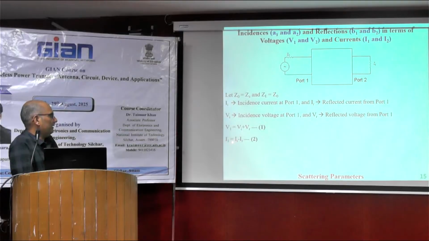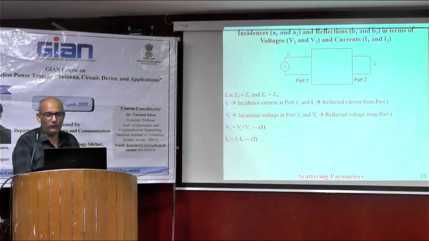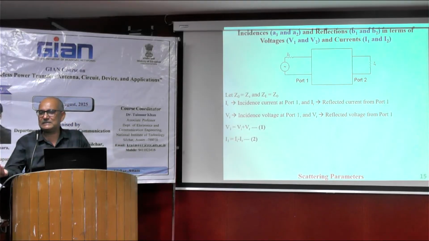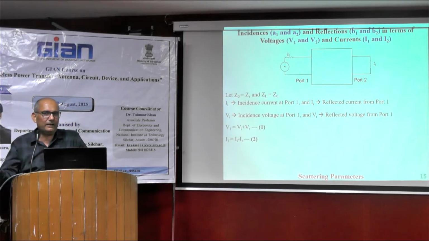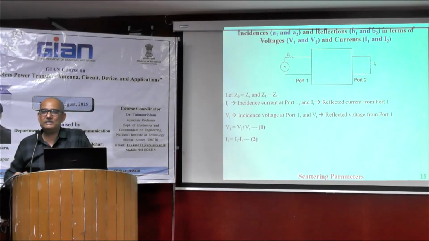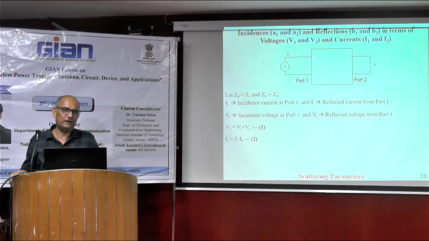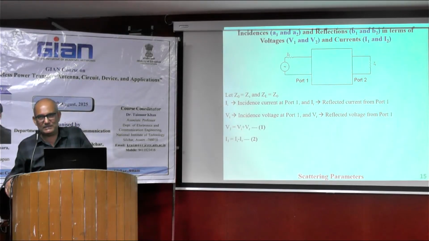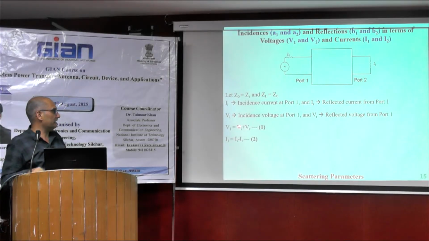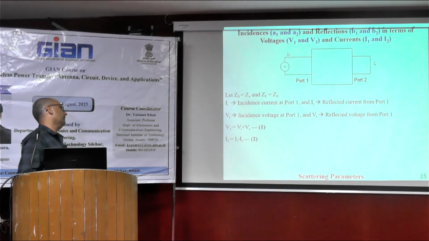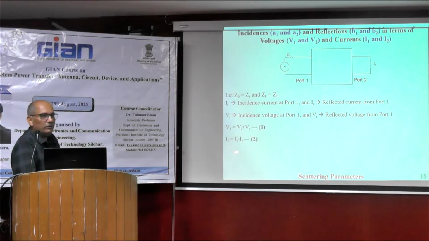Total current will not be a summation; it is a difference, because reflected voltage will be in the same phase as the incident voltage, while reflected current is always opposite to the incident current. That's why the total voltage is always the summation with a plus sign, and in the case of current it is the difference of these two. So Vi plus VR equal to V1 and Ii minus IR equal to I1 net.